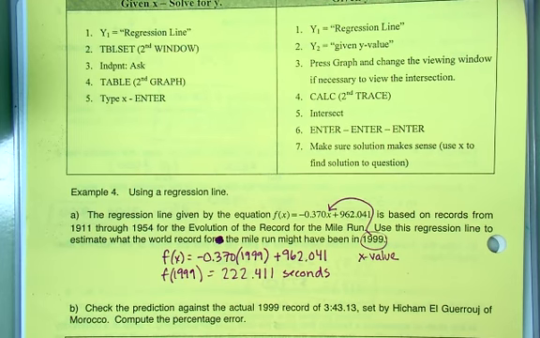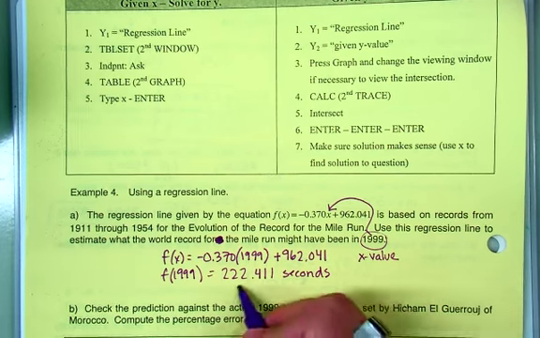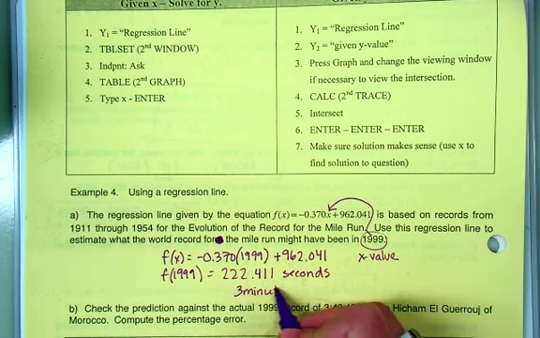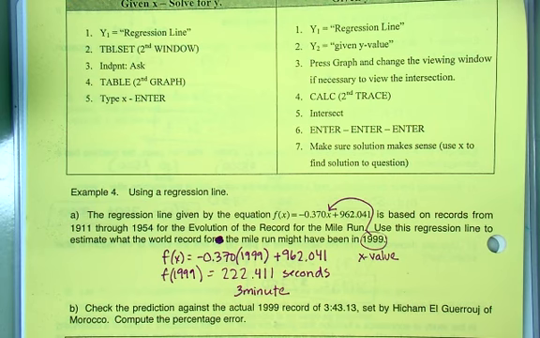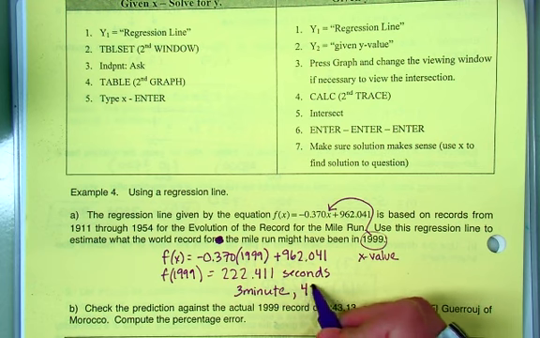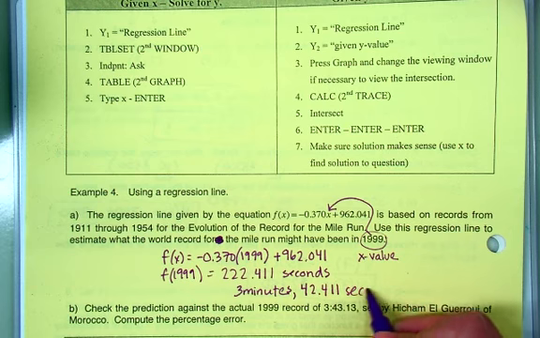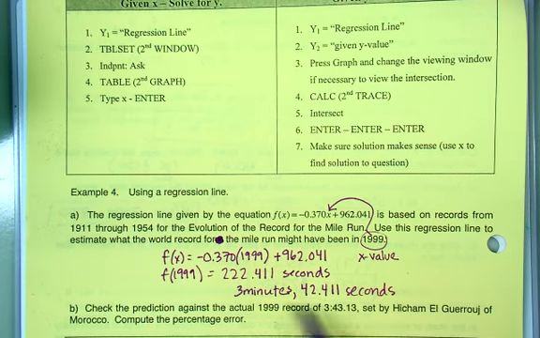Well, 222, divide that by 60, so that's 3 minutes, which would be 3 minutes and 42.411 seconds. So the world record in 1999 might have been, according to this regression, 3 minutes and 42.411 seconds.